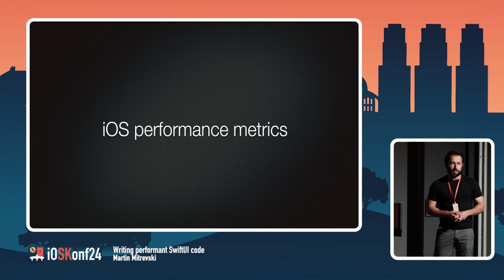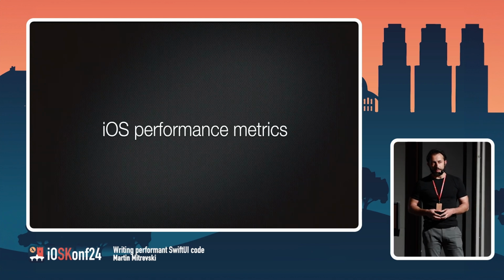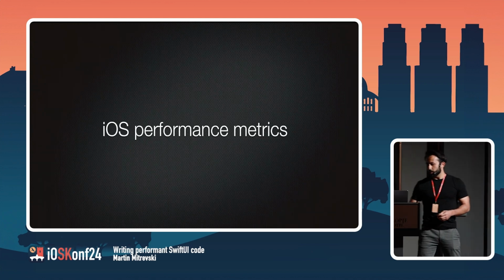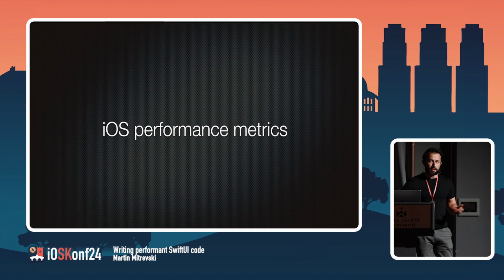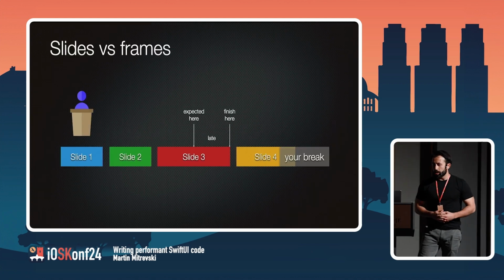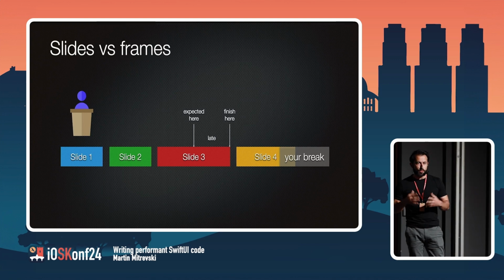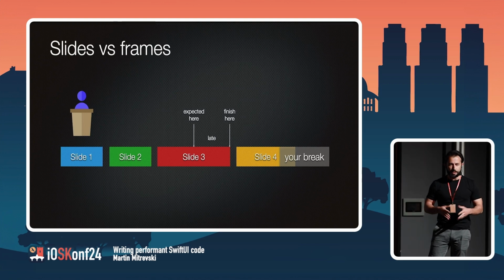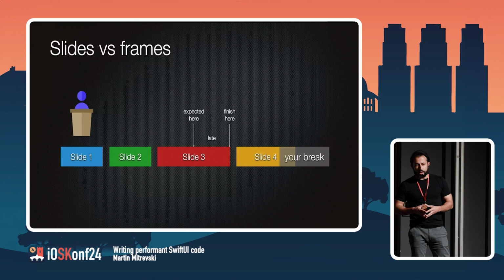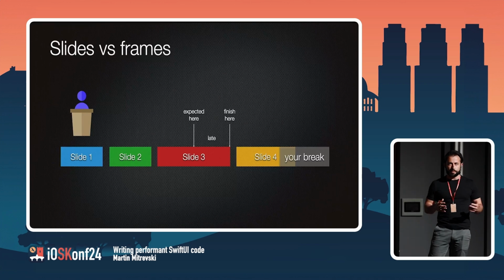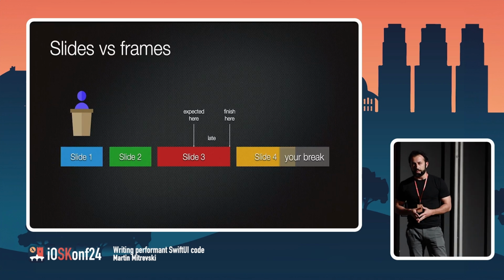First, let's see what are the iOS performance metrics that are useful for determining whether an app is slow or not. Let's do an analogy. Imagine I'm doing a presentation. That's probably not that hard to do. And I have separated the presentation in slides.